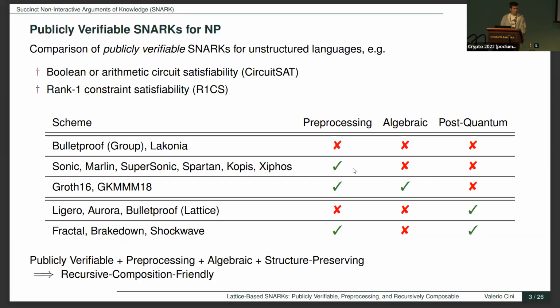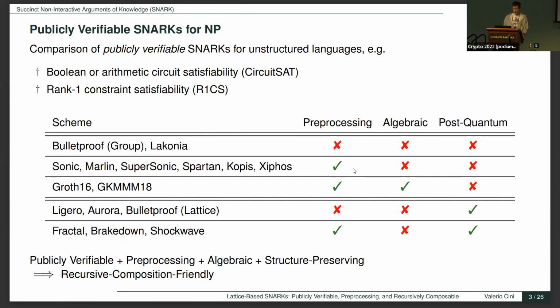An overview of the SNARKs that we know from the literature. If we consider publicly verifiable SNARKs for unstructured languages, so CircuitSAT and R1CS, for example, then we see that if we classify all the constructions depending on these 3 properties, so preprocessing, algebraic, and post-quantum, where by algebraic, we mean that the only operations used in the construction are the algebraic operations from the underlying mathematical problem upon which the scheme is built.